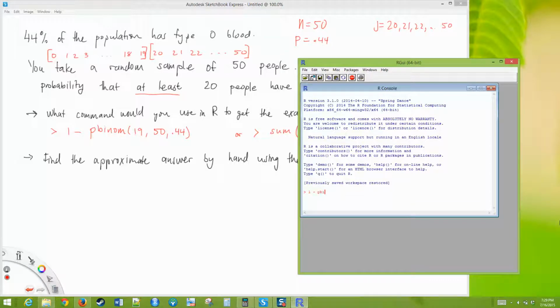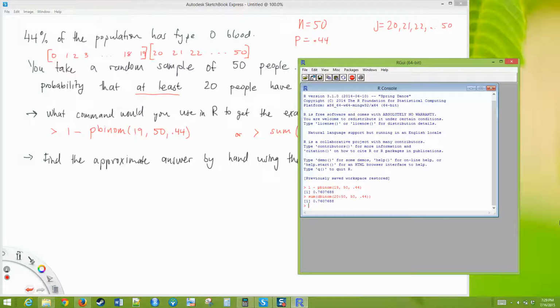I don't know if you guys can read this. pbinom(19, 50, 0.44), and I get that. And dbinom gives you just a single number, the probability of that one number. And so the other way would be to do sum of dbinom from 20 through 50, 50, 0.44. And we see we get the same number in either case.